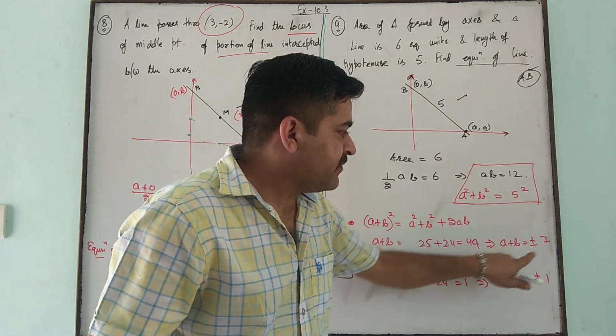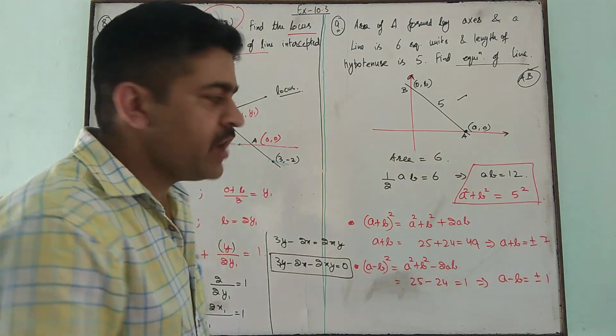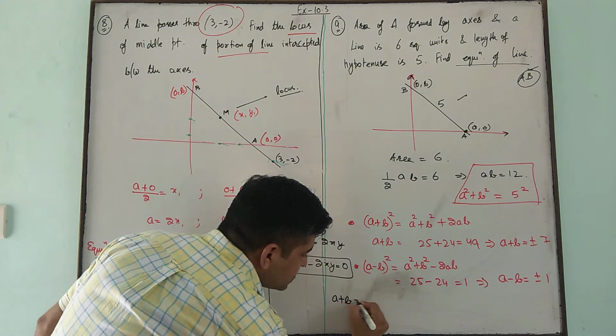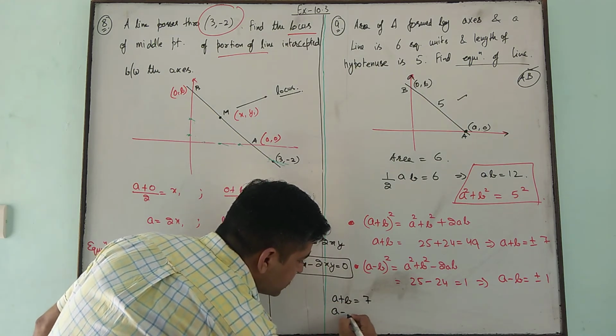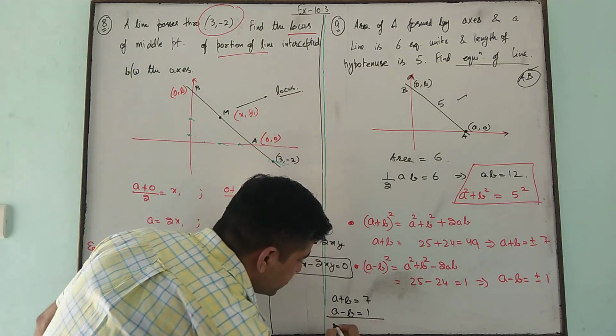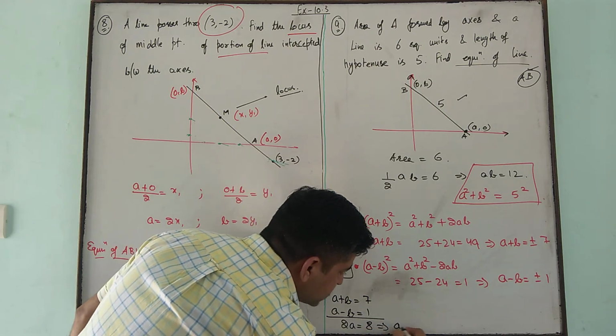Now A plus B is 7 and A plus B is minus 7; A minus B is 1 and A minus B is minus 1. We do have 4 cases here. I am giving you that if A plus B is 7 and A minus B is 1, then on solving these two we got 2A is equal to 8 and A is equal to 4.